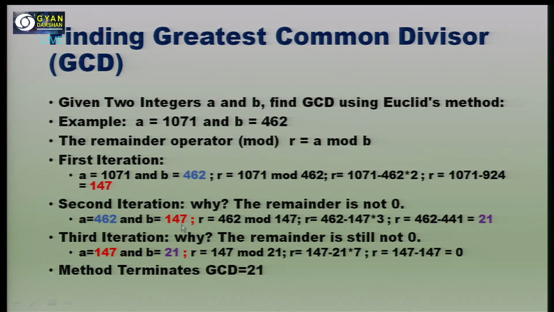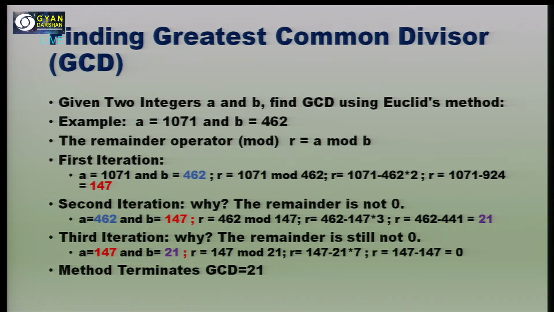For the third iteration, once again, B will be transferred to A, and the remainder is going to be transferred to B. Once you have done this, the remainder is 0. So the last value of your B happens to be the GCD, which is 21.